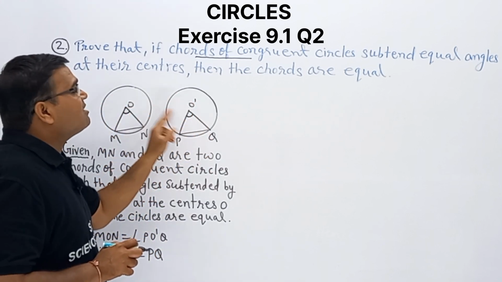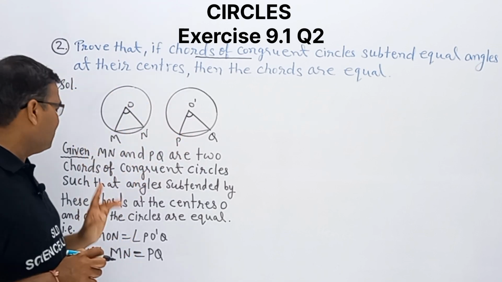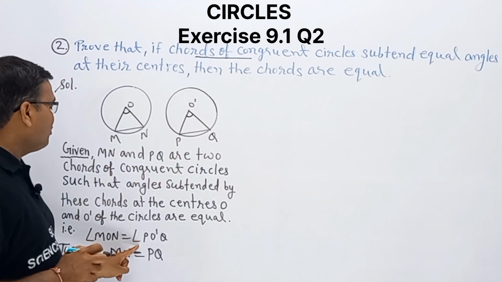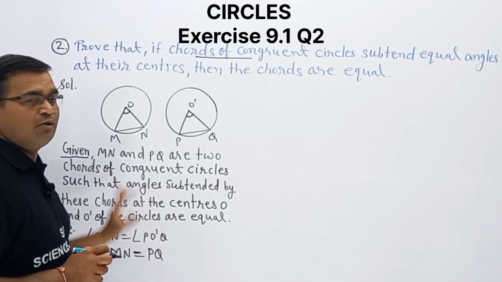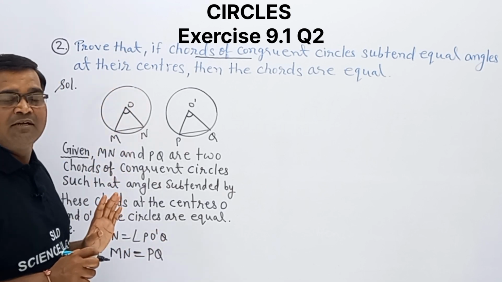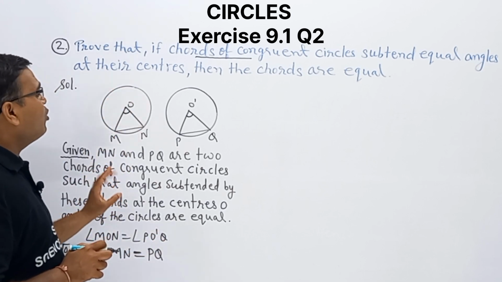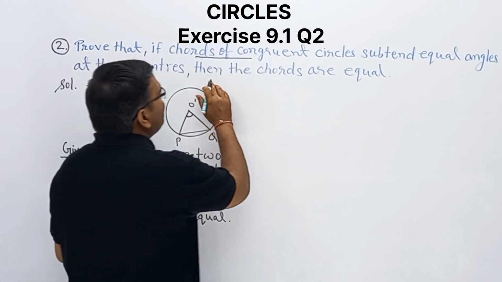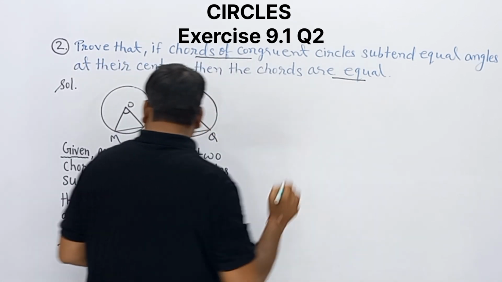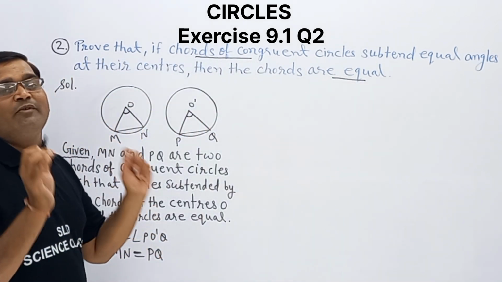So these angles are equal. Angle MON equals angle PO'Q. This is given in the question. Now what do we want to prove? Then the chords are equal. It means MN equals PQ we want to prove.